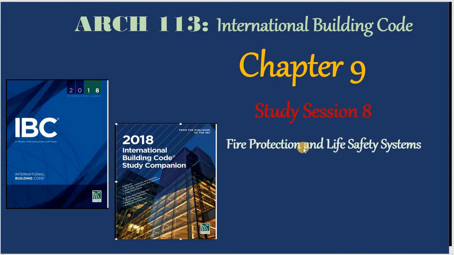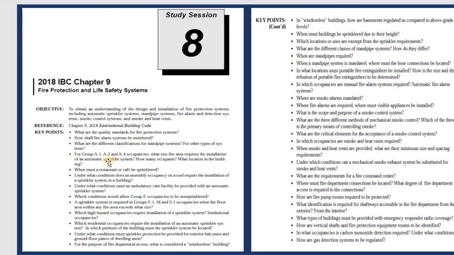It is Chapter 9, and we will focus more on fire protection and the systems we can use inside the building. We can learn more about the standpipe system, about occupant groups A1, A3, A4, what fire area size is required in a restaurant, and why we need the fire sprinkler.